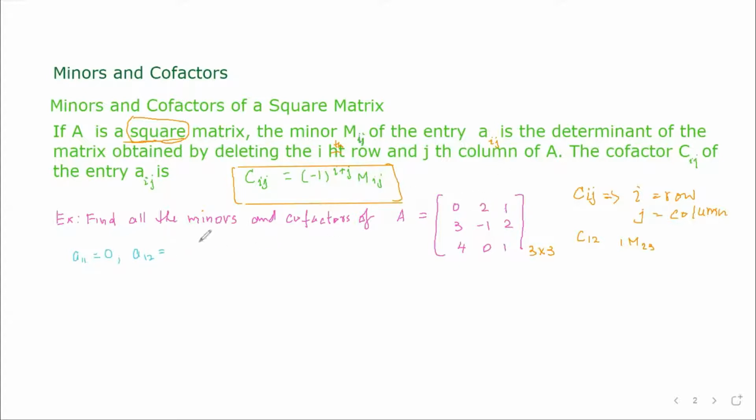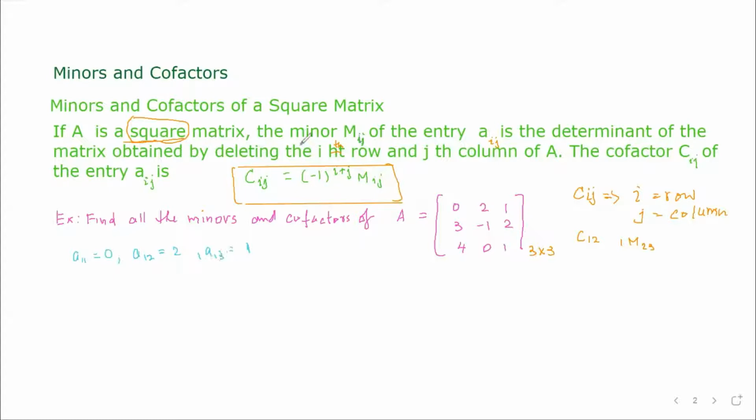First row, second column, is equal to 2 here. And so on, A13 for the entry. If we read this one, first row, third column, equals 1.